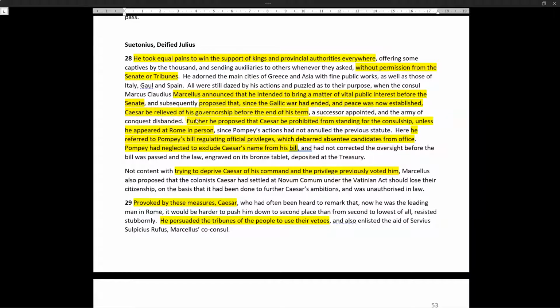They then replace him, and they disband his army. So basically they want to take the command off Caesar. He then also proposes that Caesar be prohibited from standing for the consulship unless he appeared in Rome.